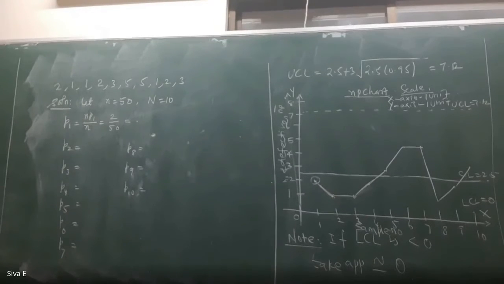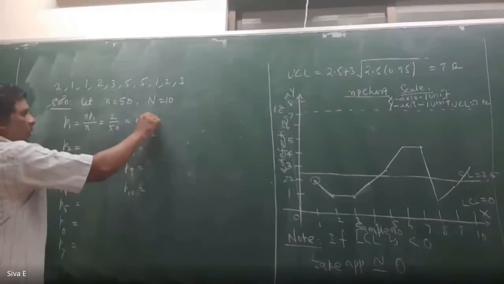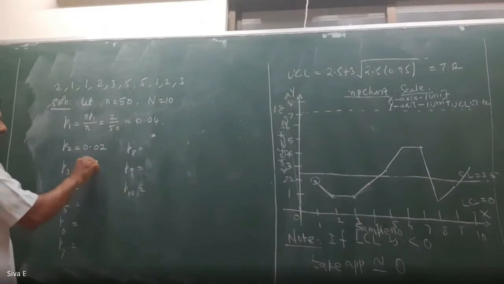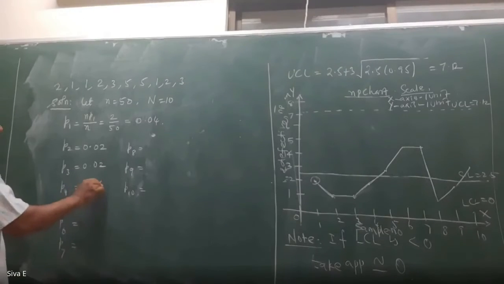So what is P1 here? 0.04. P2 is 0.02. What is P2? 1 by 50, 0.02. 0.02, 0.02, 0.04.